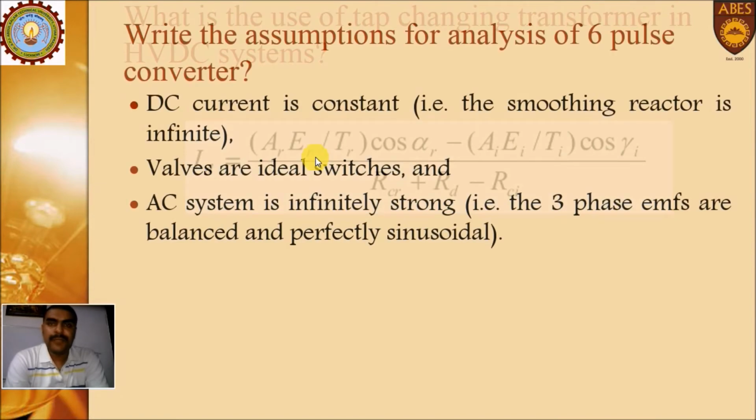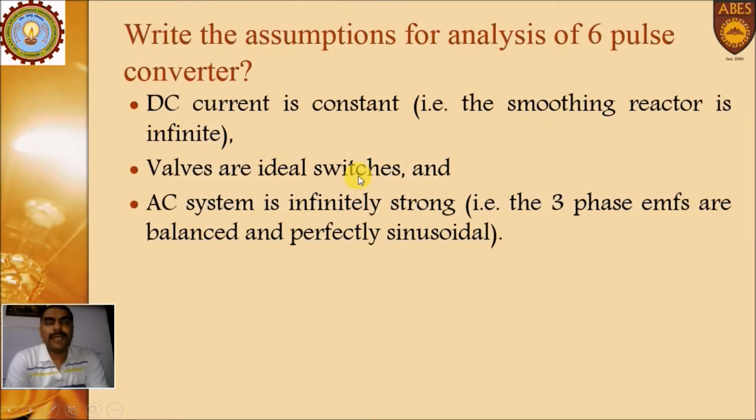Then, what are the assumptions for analysis of a 6 pulse converter? The first assumption is that the DC current is constant. Constant DC current means the smoothing reactor has infinite reactance. Then all valves are identical and they are ideal switches, meaning they switch on immediately after the gate pulse.